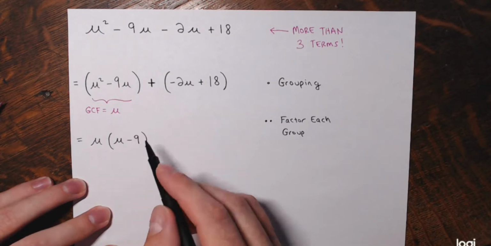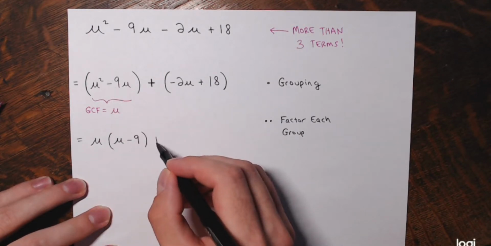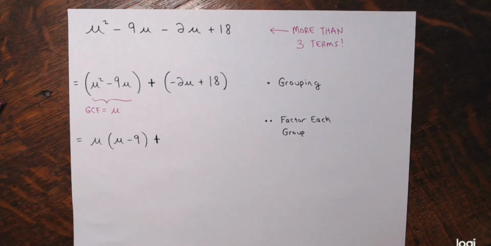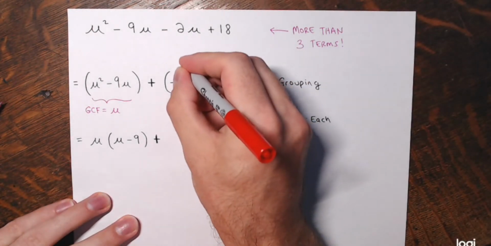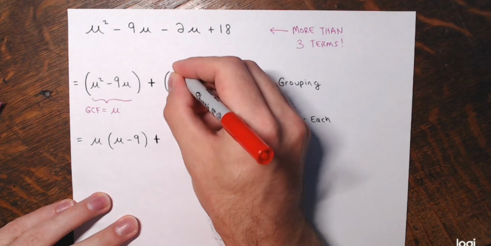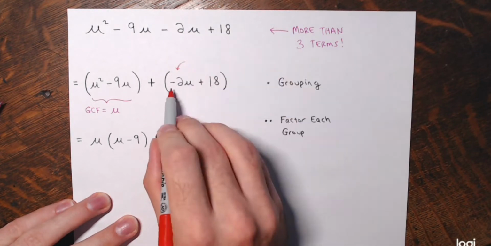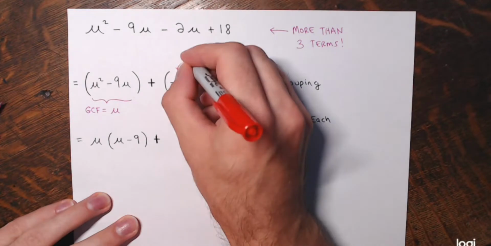So this is the good factoring there. Alright, then I got plus. Alright, then over in this second group, the negative 2u plus 18, notice that in this group, the lead coefficient is negative.